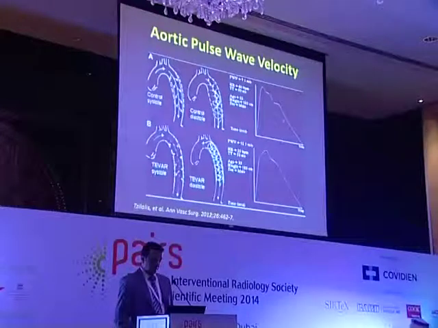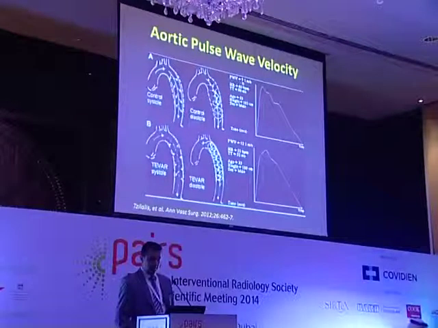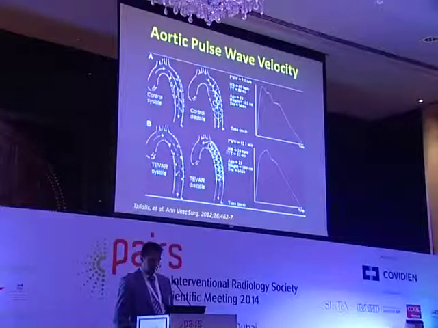You can see here, this is the aorta without stenting. The pulse wave velocity amounts to 7.1 meter per second, and after the stenting, the pulse wave velocity is 2.1.